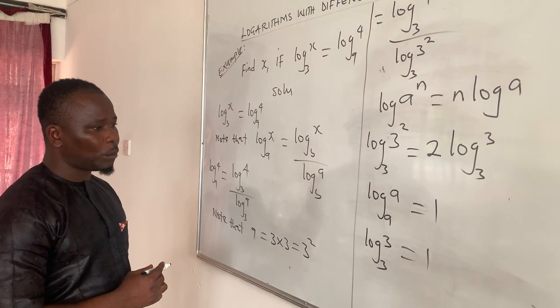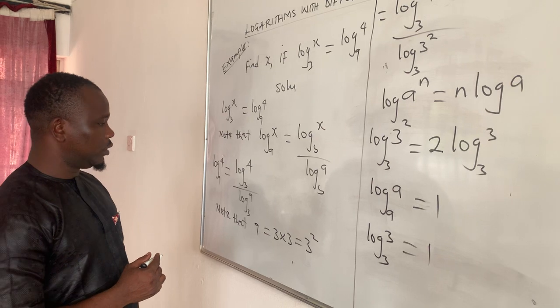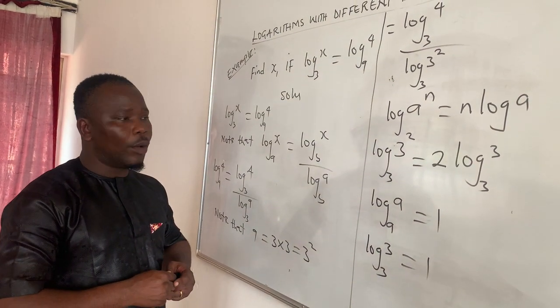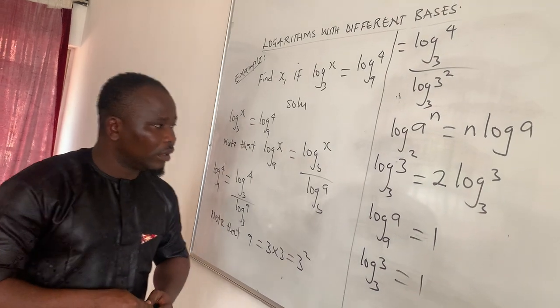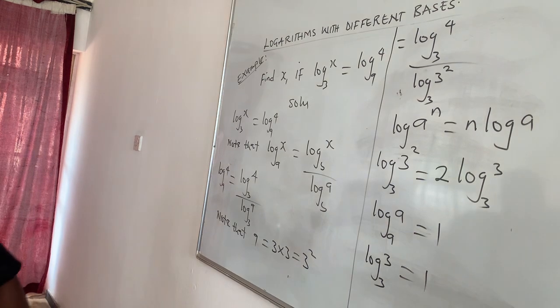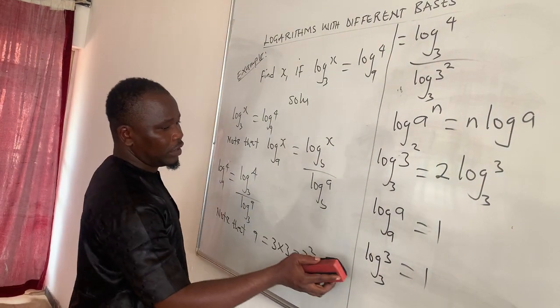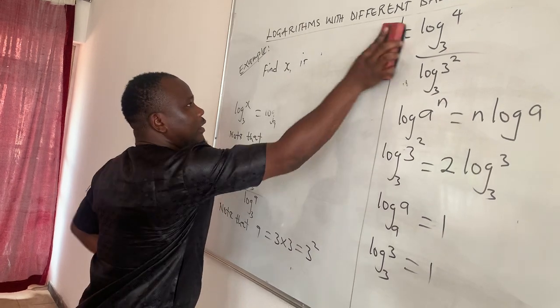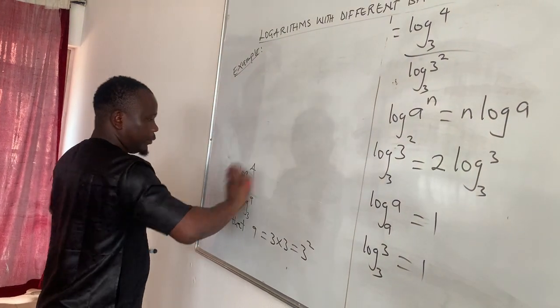Amen? It will always give us 1. So let me clean this part. Is that clear? This will give us 1.